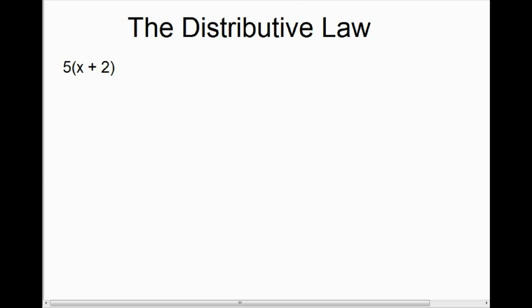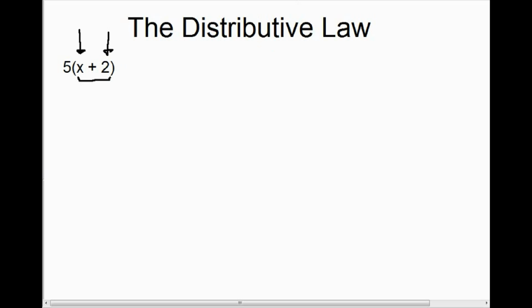So here we have a math sentence similar to the last math sentence in that we've got 5 being multiplied by what's inside of the brackets. If we go to follow BEDMAS, follow order of operations here, again, normally we would start with what's inside of the brackets. But as we discussed in the last video here, we cannot add those two terms together. x and plus 2 are not like terms.